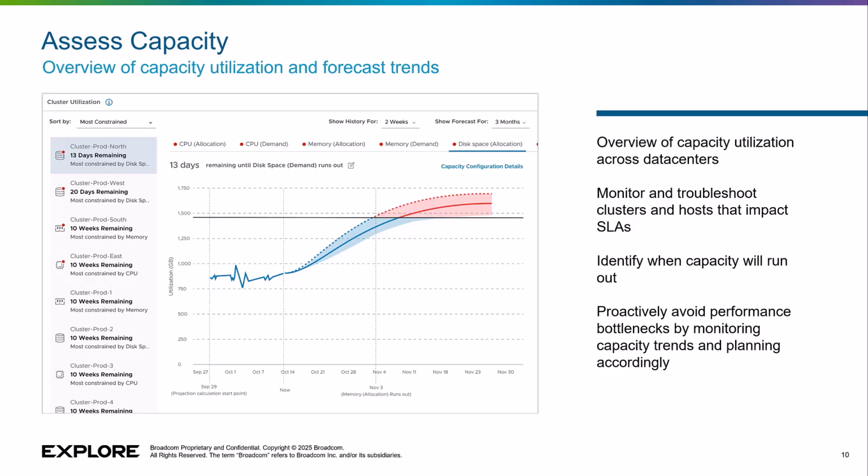You're also able to modify how the default projections are calculated by simply clicking on the capacity configuration details. With this option, you're able to do a couple things. We're going to show this in a minute, but you're able to adjust things like criticality and warning thresholds.